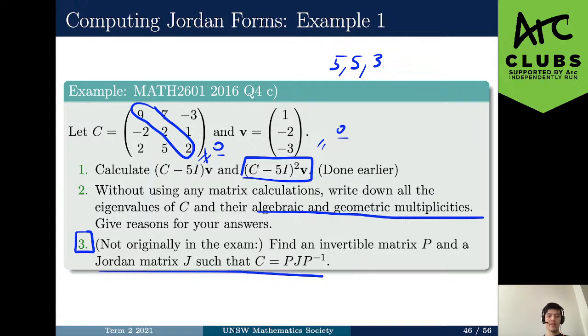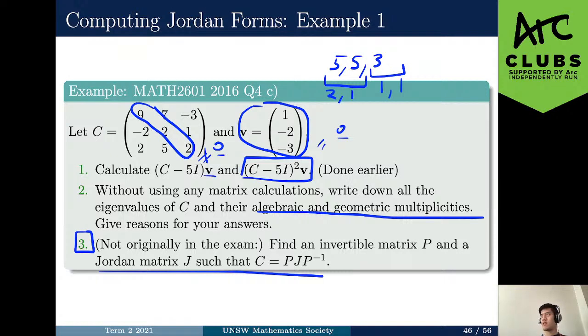And so obviously we worked out that the algebraic multiplicity of this one was just 1, and so hence the geometric multiplicity is also 1. And then here we worked out the algebraic multiplicity is 2, but the geometric multiplicity is 1, right? Because this vector v here was not an eigenvector; it was a generalized eigenvector.